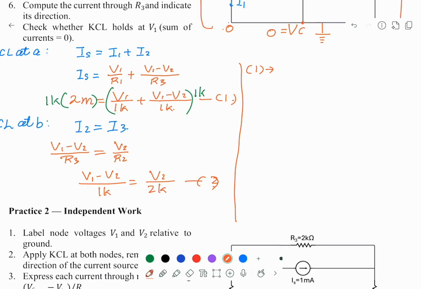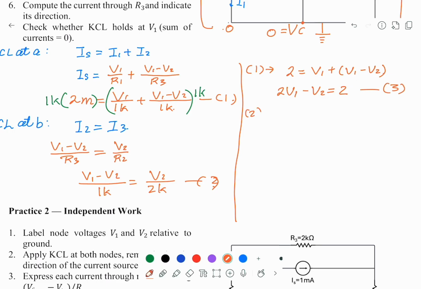This becomes 2, and this becomes V1 plus V1 minus V2, or I tidy up again, 2V1 minus V2 equals 2. So this is equation 3.